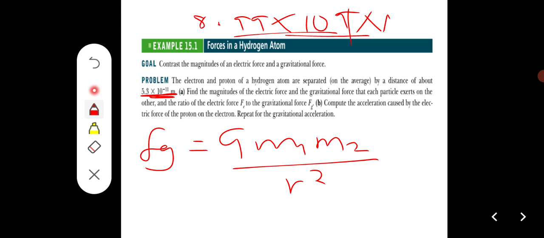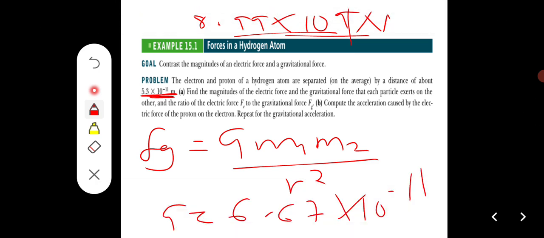So for part B, you are going to use this formula where G is 6.67 times 10 to the power negative 11. So this is the value for G. Then the R will remain the same in both questions.